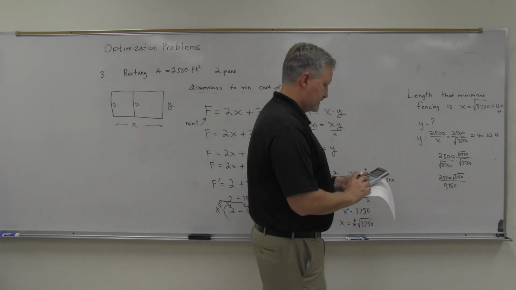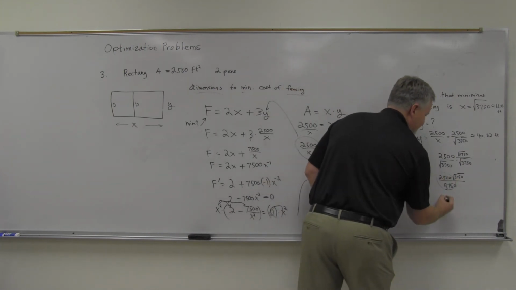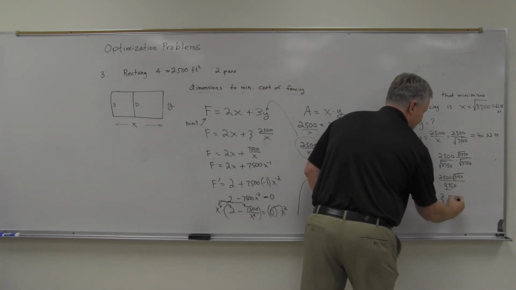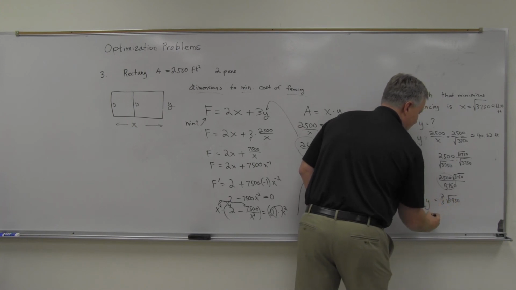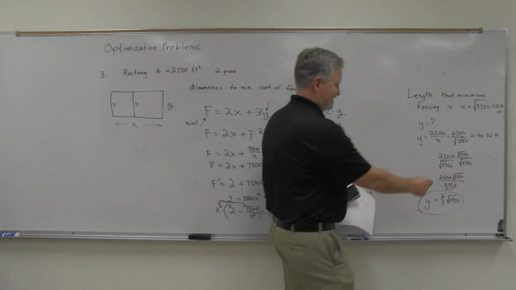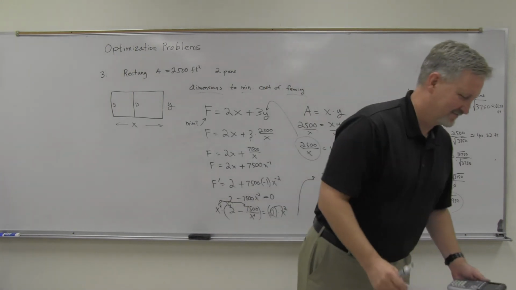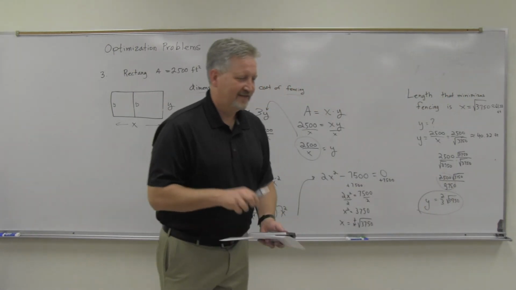And notice that simplifies. This right here turned out to be 2/3. Kind of interesting little side note. So y could also be listed as that. You might notice y is 2/3 of x there. It's okay.